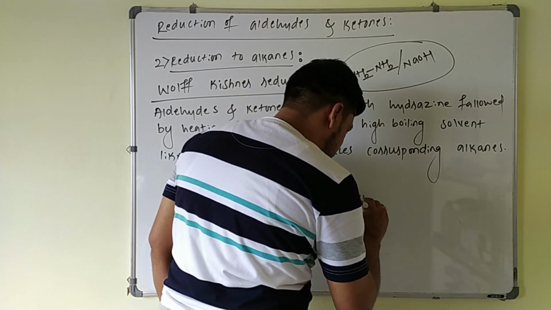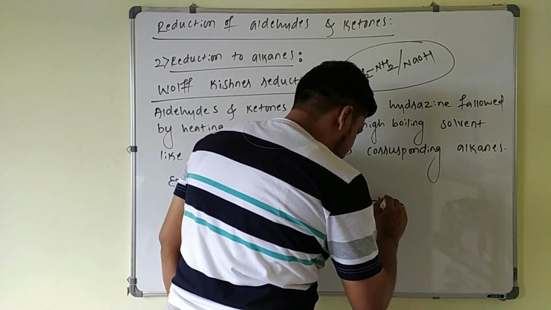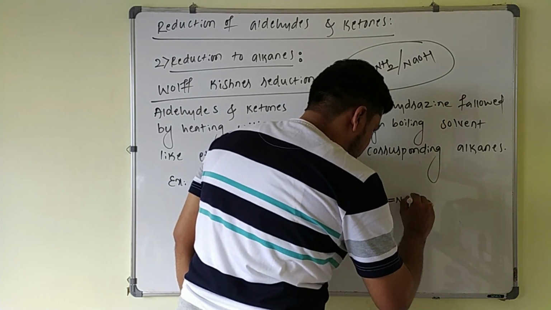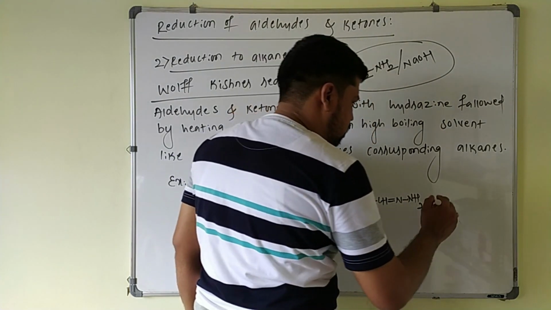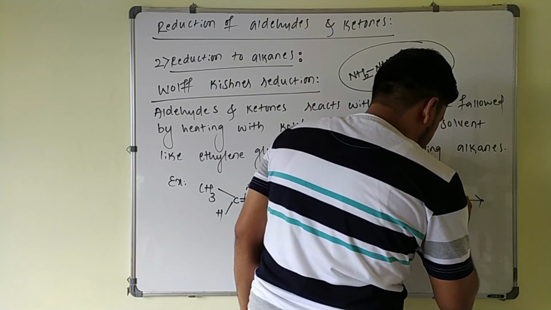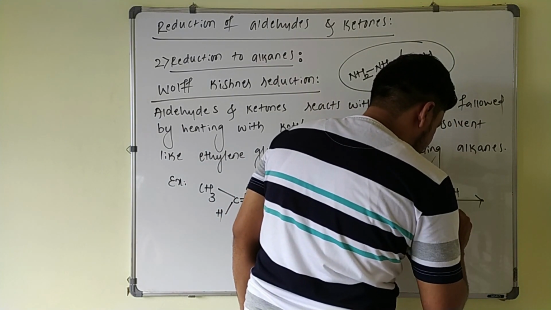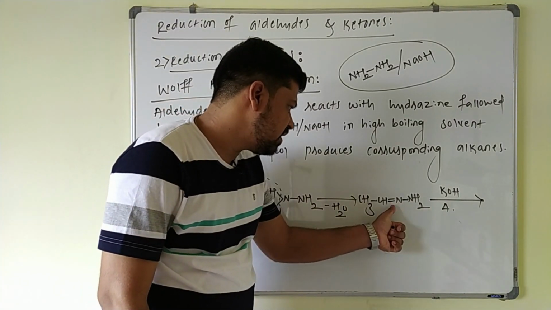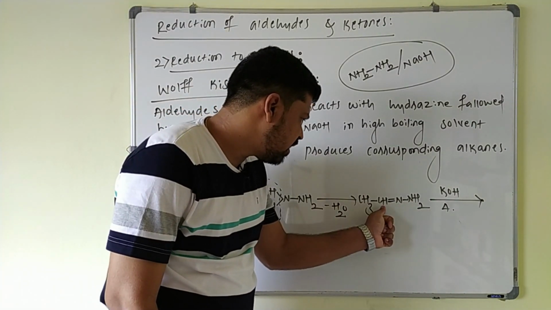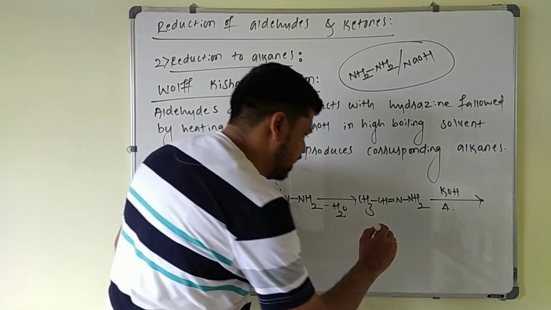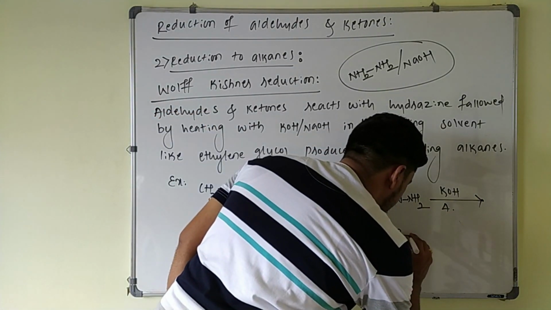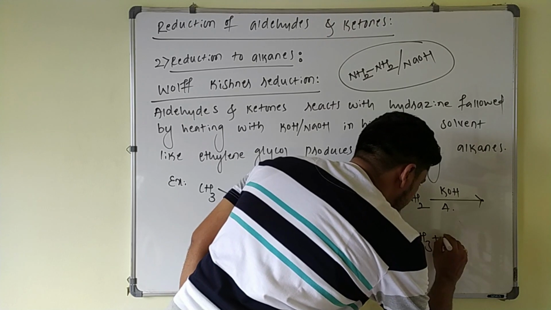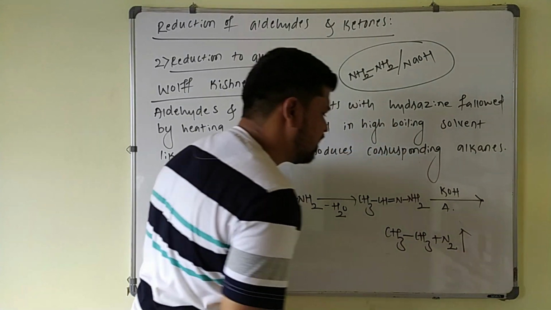This is CH3, CH double bond N NH2. This on heating with the base in a high boiling solvent, what happens here? This N2 gas is eliminated. These two hydrogens are connected to this carbon directly. So what you will get here? CH3 CH3 plus N2 gas is eliminated.